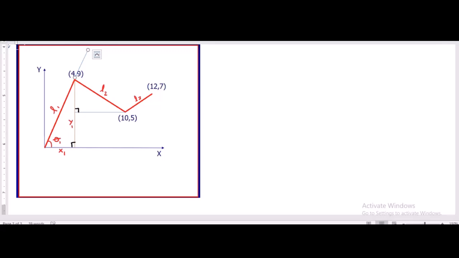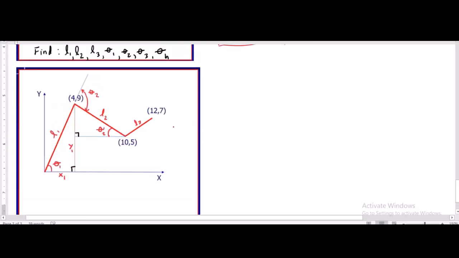And then we can get or define or locate the theta 2. So this is our theta 2. We cannot get the theta 2 without solving the included angle here, which is the theta 2 prime. After we get theta 2 prime, we will be able to get the value of theta 2.